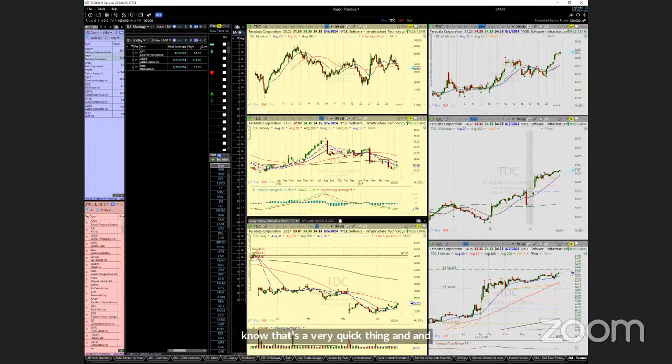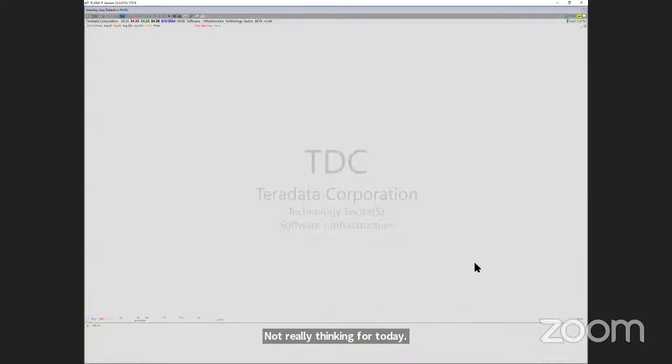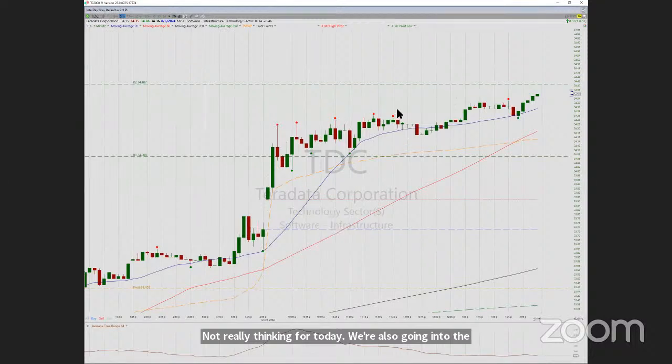I'm highlighting here TDC, which is part of that 2 p.m. scan. This has shown up. It's basically gone sideways for most of the day. I'm actually going to add it to the list, but I'm not really thinking about it for today. We're also going into the weekend, all of those things.